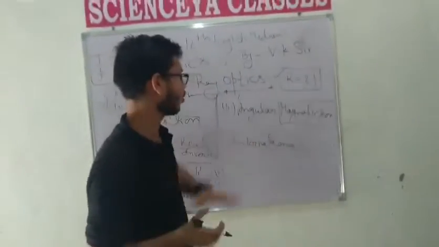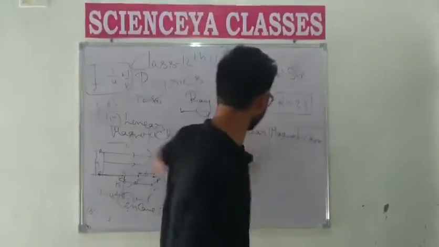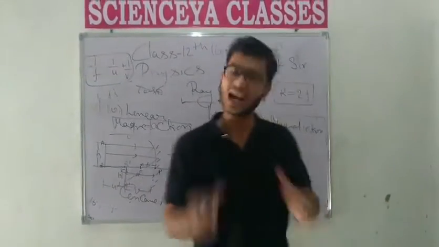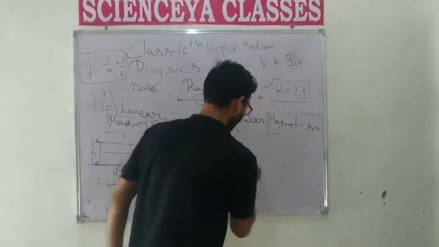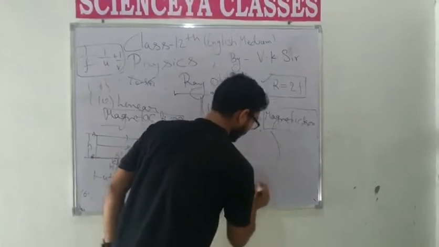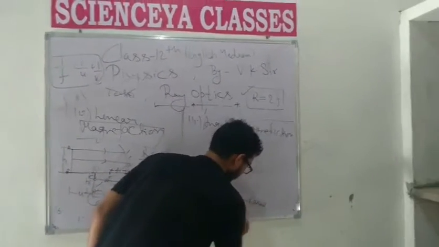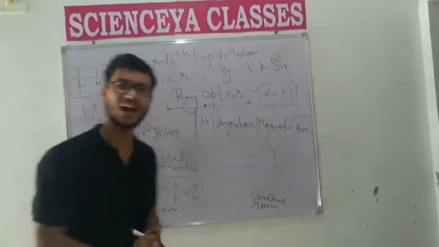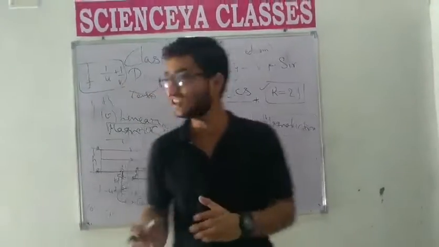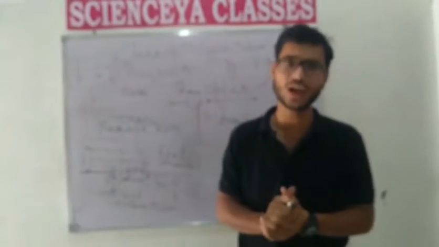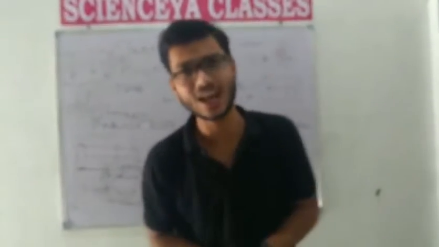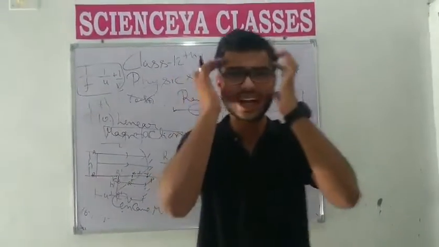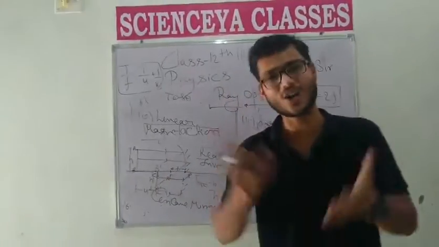And now we discuss the angular magnification. Okay student, the angular magnification is a type of magnification, but here again suppose a concave mirror. And remember one thing, don't get confused by this network of rays. Because we discuss here how an image is formed by a concave mirror, and you simply understand how these rays are drawn by me.